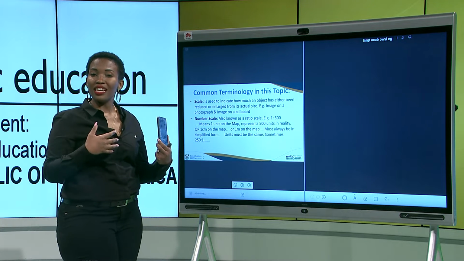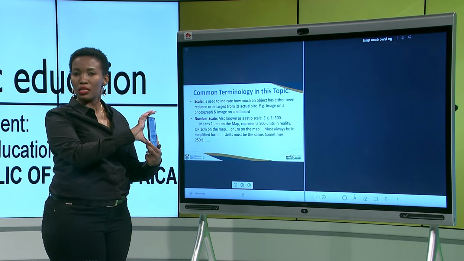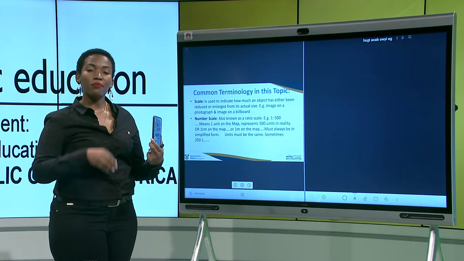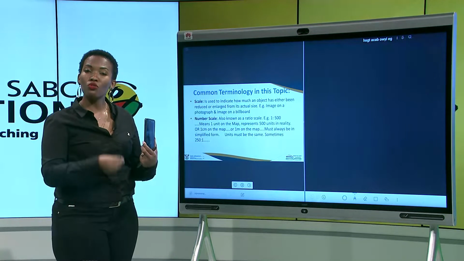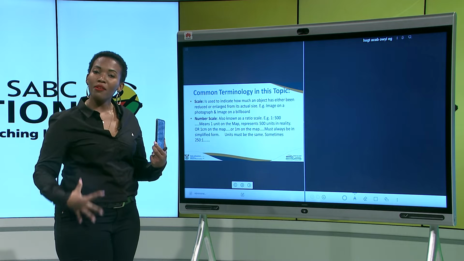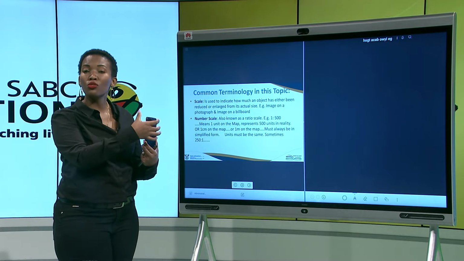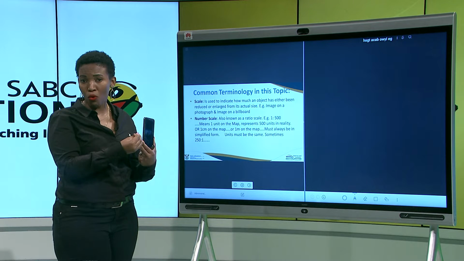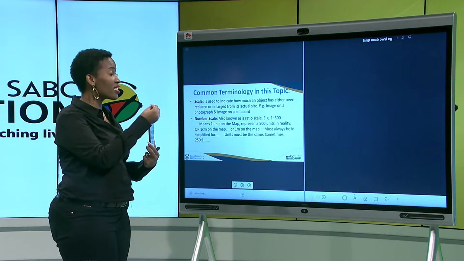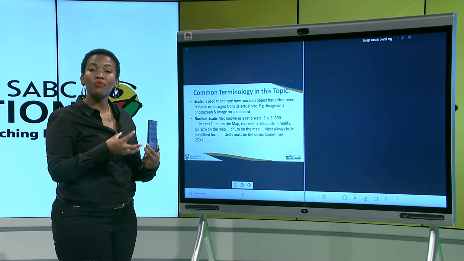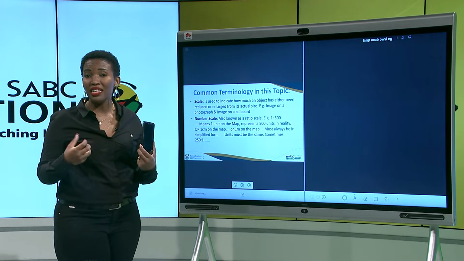But we can all see that my actual size, I am not this small, I am this big. It means here the concept of scale has been used in such a way that my actual image has been reduced to be able to fit into this cell phone. That is what is meant, that a scale is when an object has been reduced than its normal size.